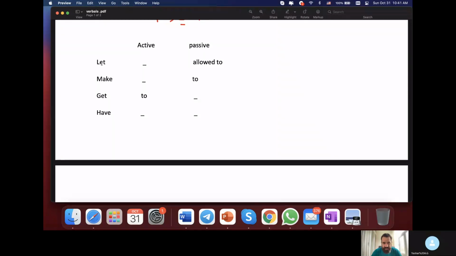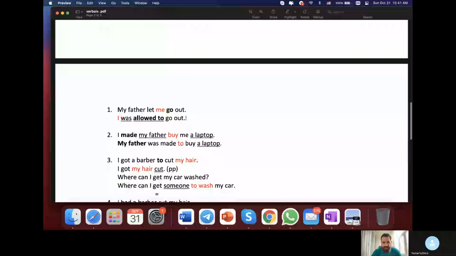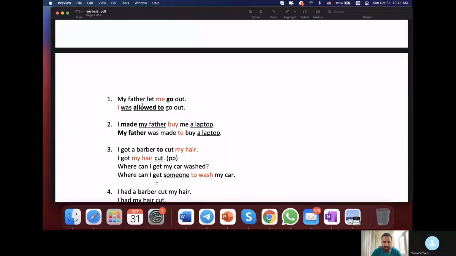When it is passive, we change let to allowed and we need to. Make in active without to, in passive with to, get in active with to and in passive without to, and have doesn't need any to. So for example, my father let me go out. So here this go is a bare infinitive because we have let.